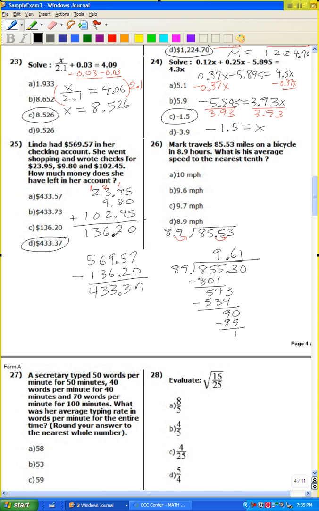And then you keep going. And so the speed is approximately 9.61 miles per hour. Let's round to the nearest tenth. Well, the digit immediately to its right is a 1. Therefore, this rounds to 9.6 miles per hour. B.